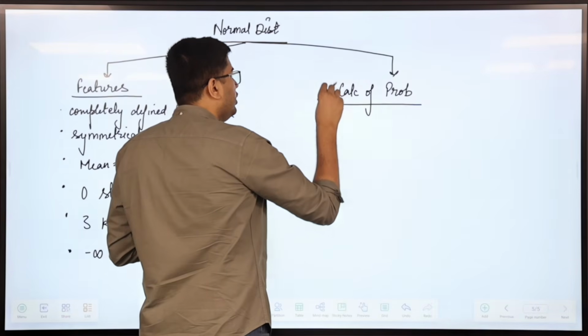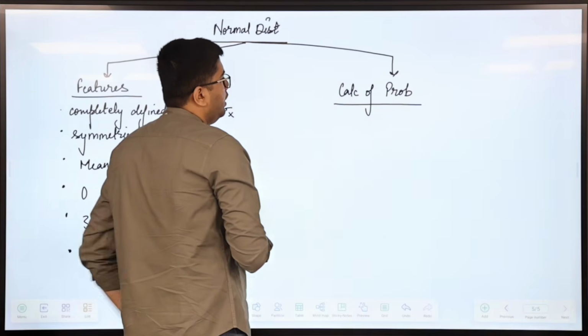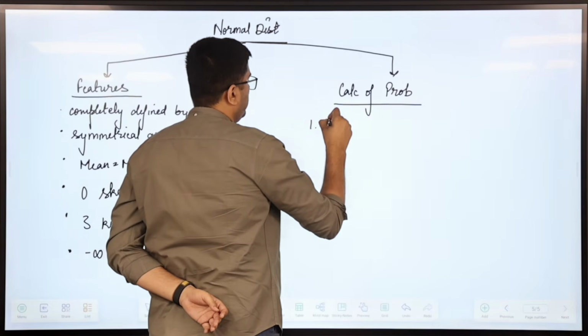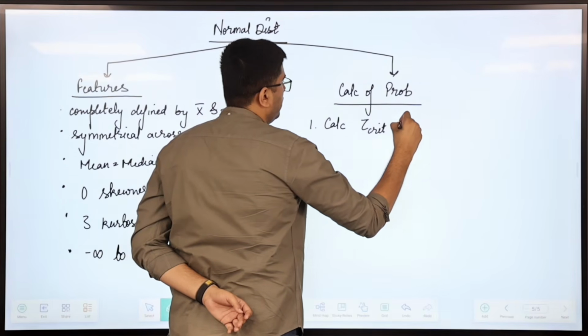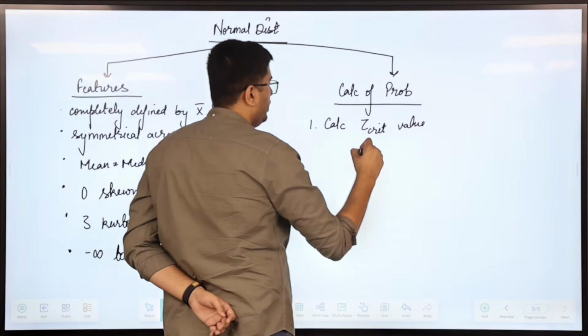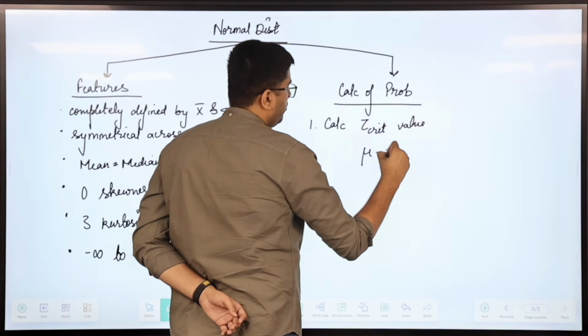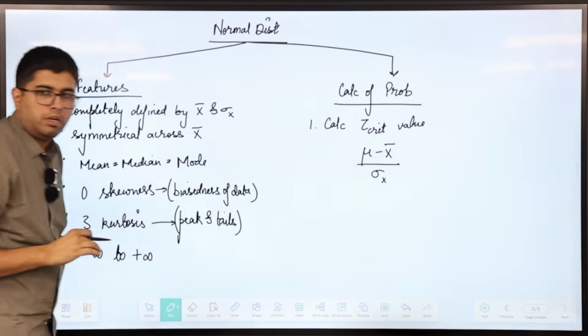Then calculation of probability using the normal distribution. So over here, first you calculate Z critical value. Z critical value is calculated as mu minus mean upon standard deviation.